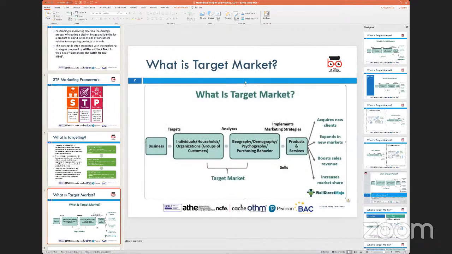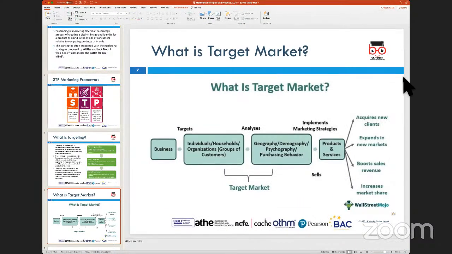So when I talk about segmentation, targeting, and positioning, the target market is the market that I'm going to go across to. So when I say target market, UK could be a target market. And I need to be very specific: in the target market in the UK, I'll be going across to a certain type of consumers based on their segmentation.